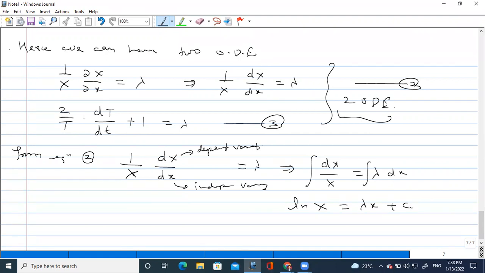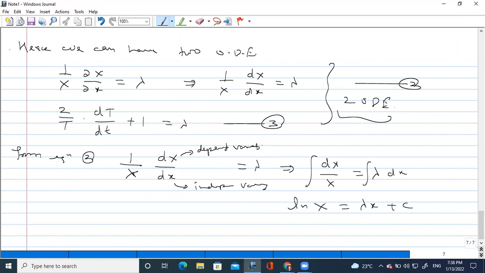Okay, now I told you this c I can adjust, just a constant should be there, I can adjust it anytime. Sometimes I can take it e to the power c, sometimes I can take it ln c, whatever. Just keep in mind that this is a constant, and as per my choice I can have this anytime. It can change the forms.